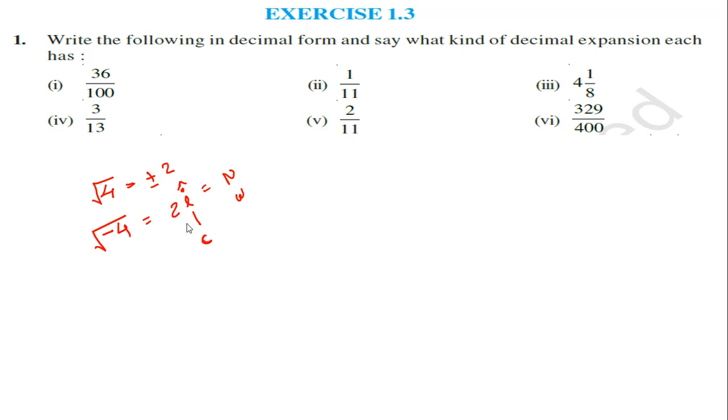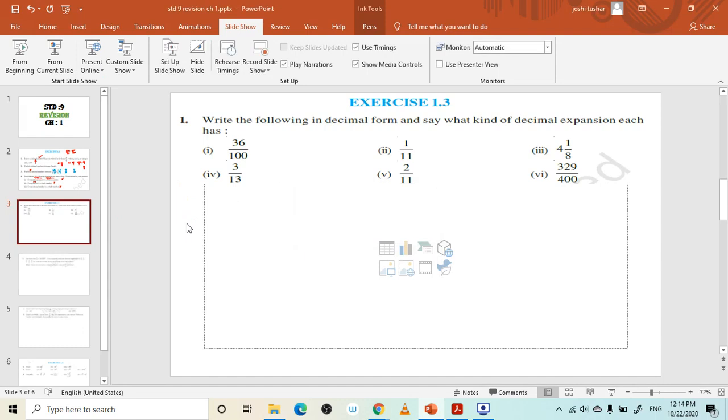Why C? It's called the complex set. Imaginary numbers will come in the complex set. Okay. Up to ninth level, these things are really not that important. But Sohail asked me, so I have replied.